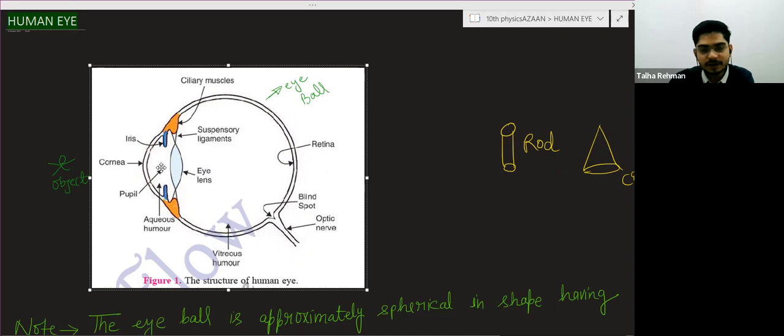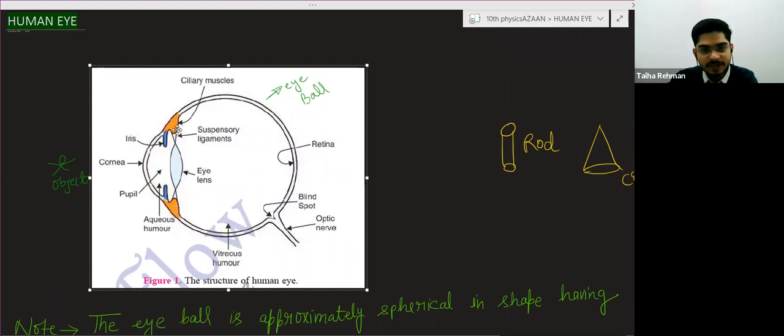From the pupil, the light will fall on this lens, the eye lens, which is also convex. The final converging of the light rays from this object will be done by this eye lens. So this eye lens will form the image of this object on the retina.